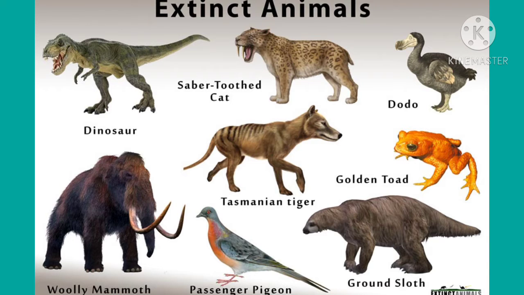As I told you, human greed and natural calamities are the reasons behind the extinction or endangerment of animal species.